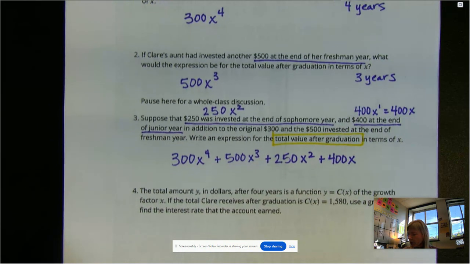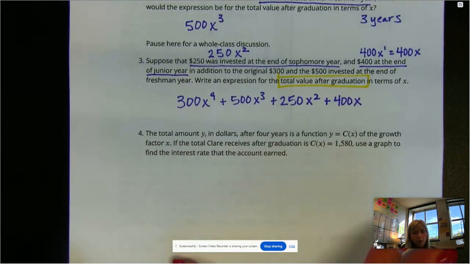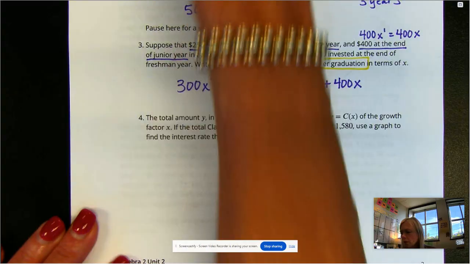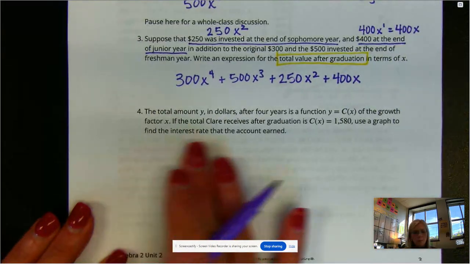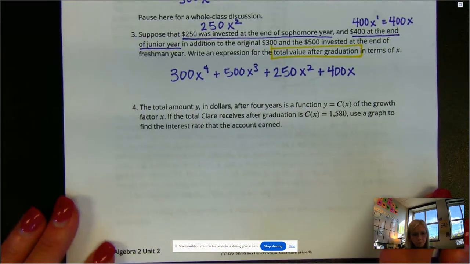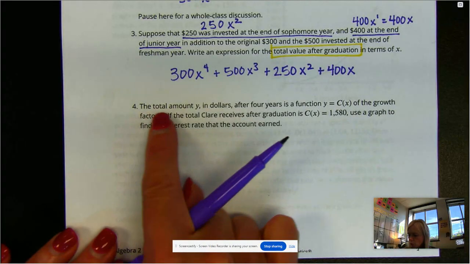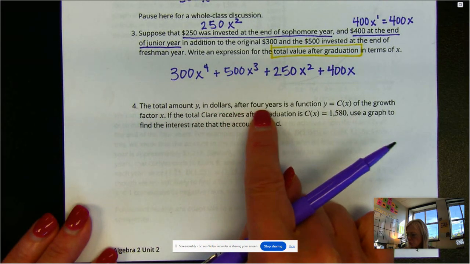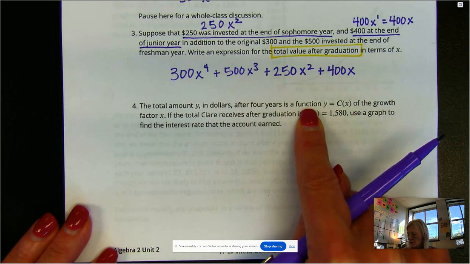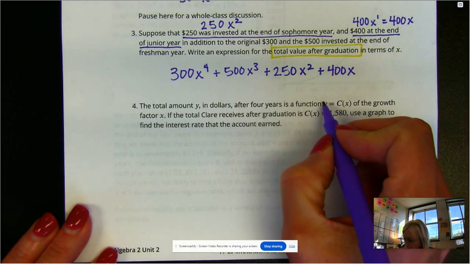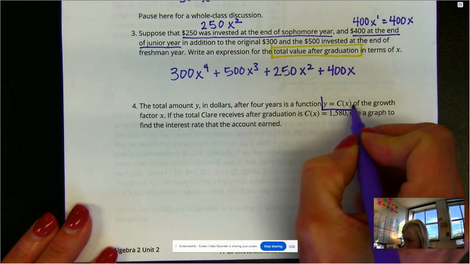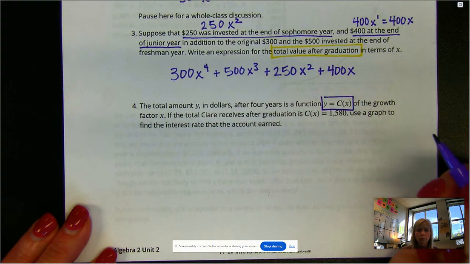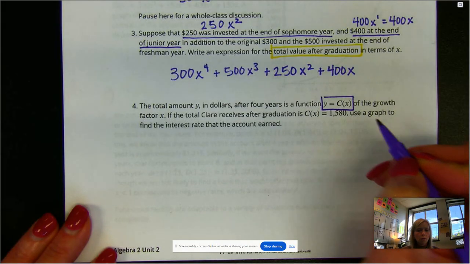Okay, so now we're going to shift gears here. I'm going to have you save this space, keep it blank for just a moment. The total amount y in dollars after 4 years is a function, and this is just a notation that tells us we can write this as a function c of x, and the growth factor is x.